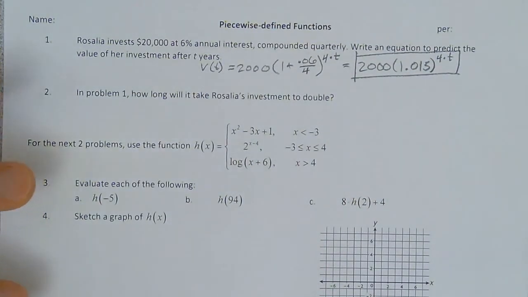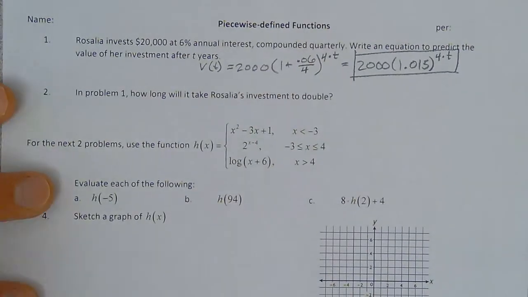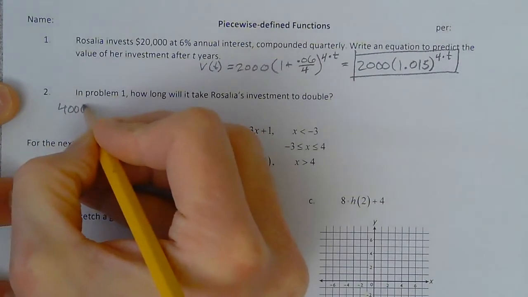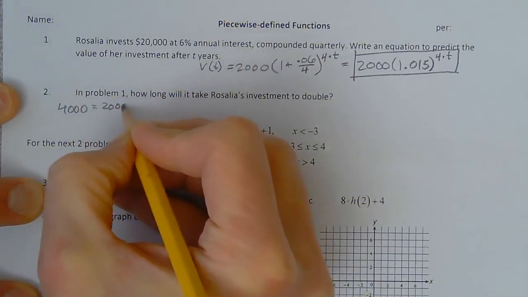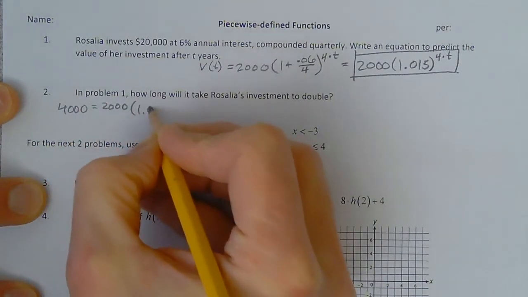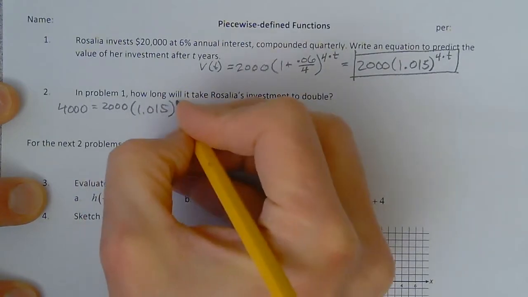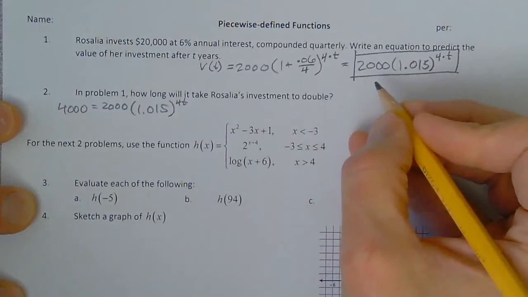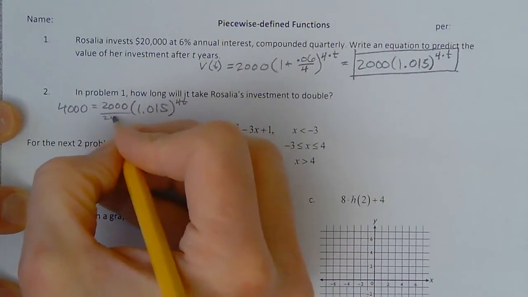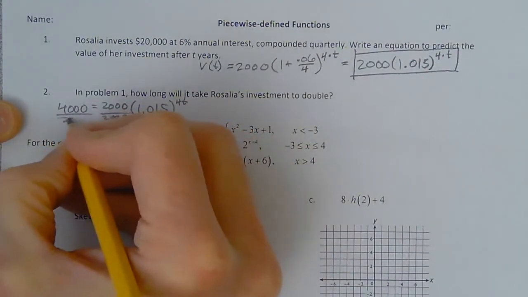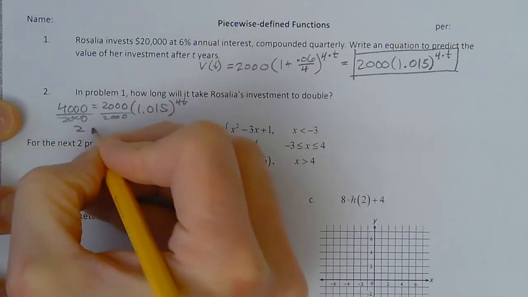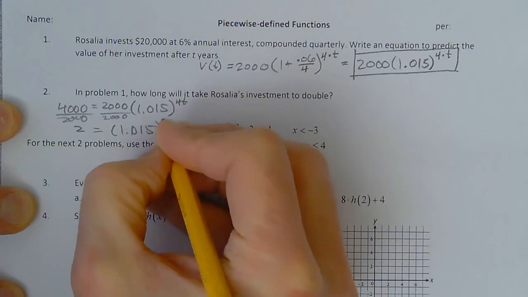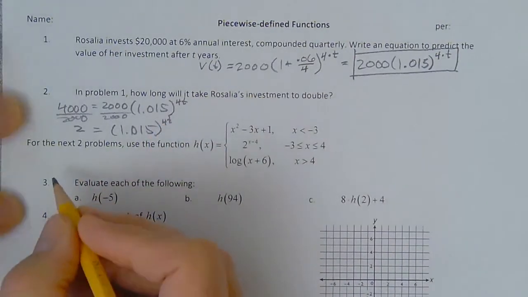And problem 1, how long will it take for that investment to double? So the question is, when will that $2,000 become $4,000? And our process along the way there, if we get rid of this 2,000 first, then we get 2 is equal to 1.015 to the 4t.